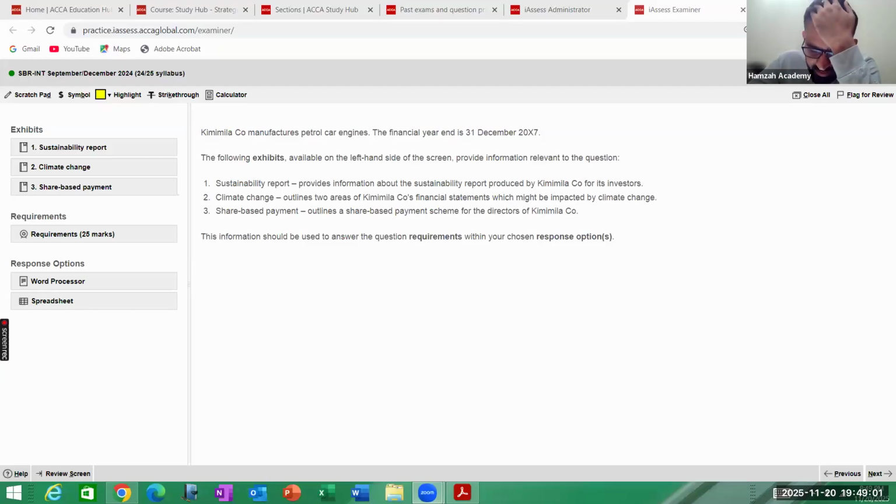Now, in this question, the thing which is discussed along with the various accounting standards, there is a specialized area which has been tested here, which is sustainability reporting.